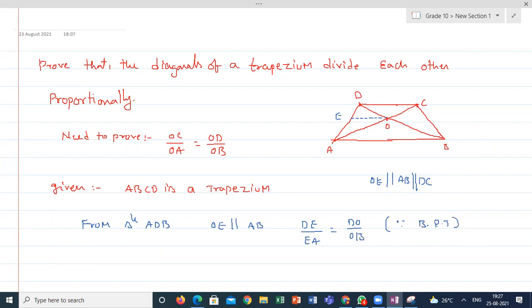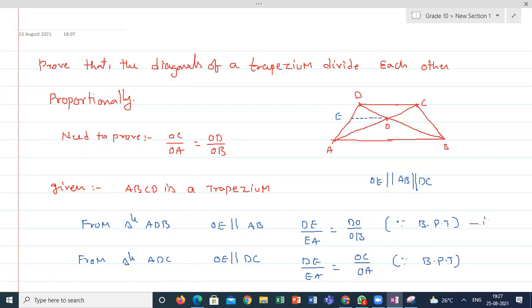If I take triangle ADC, from triangle ADC, OE is parallel to DC. That is given. So DE by EA will be equal to OC by OA. This is also the basic proportionality theorem.